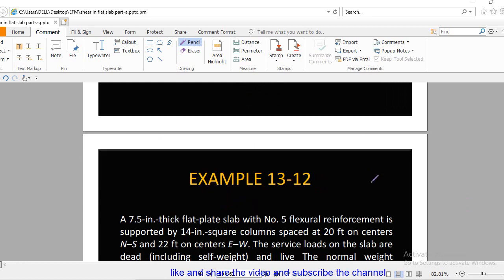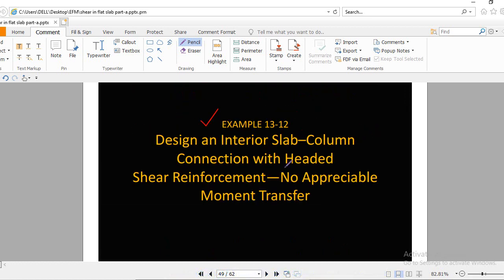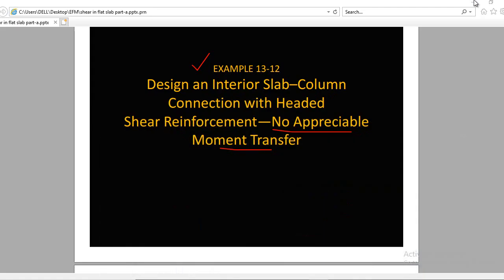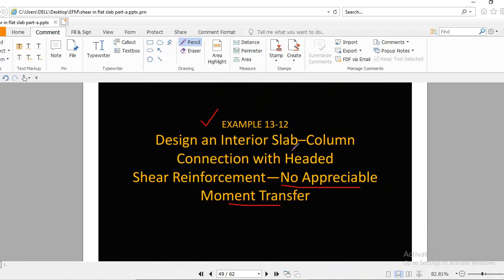Here we have this example, example number 13 for lecture 12. Here we are not going to consider the moment transfer. This is very important, I already explained it. Inshallah, in the next lecture, lecture number 13, we will consider the moment transfer, but here I am not considering it.